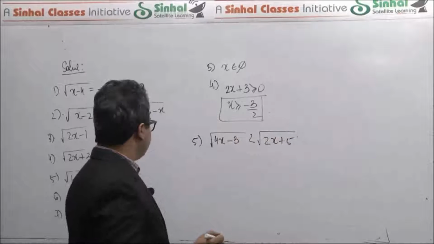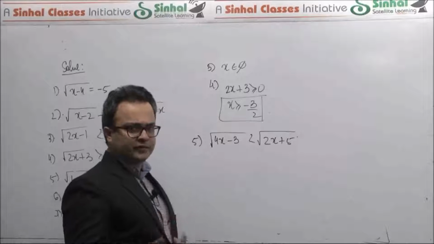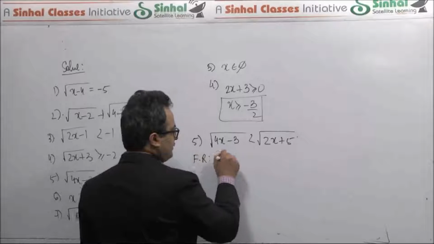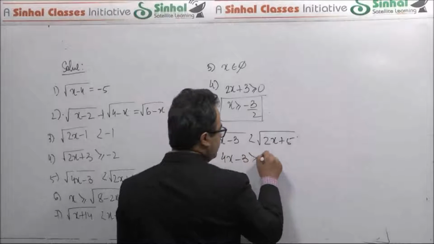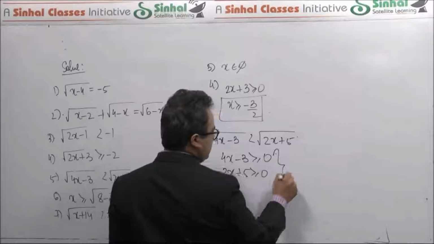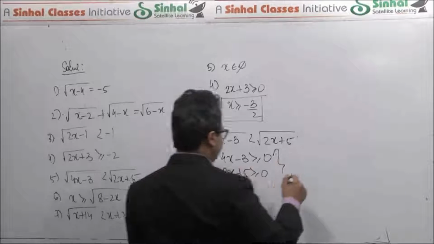For the fifth question, again, as we've seen, both sides are by definition greater than or equal to 0, so you can square them. But before that, we should talk about the feasible region. So 4x minus 3 is greater than or equal to 0, and 2x plus 5 is also greater than or equal to 0.